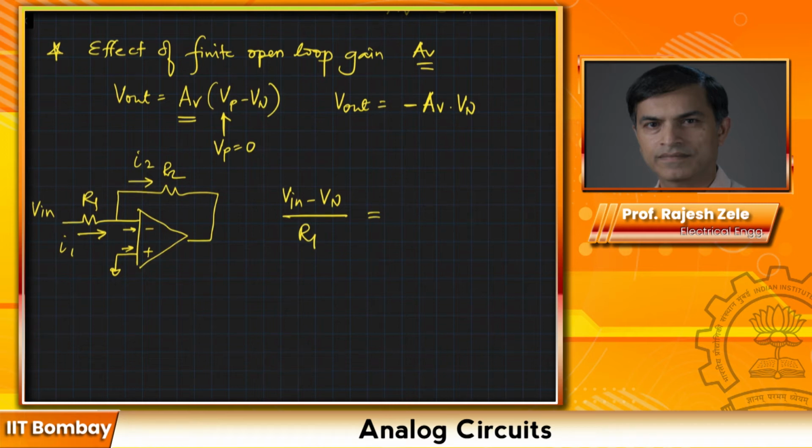Okay. So we would get (Vin - Vn) divided by R1 is equal to (Vn - Vout) divided by R2.